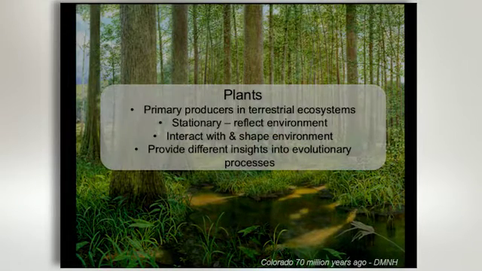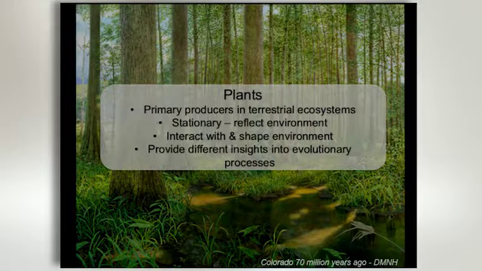And for a paleobotanist, we have a bunch of different reasons why plants are important. They're the primary producers in terrestrial ecosystems, so they're this foundation. So in order to understand what kind of environment the animals are living in, what's happening on land, we need to know what the plants are doing. They're also, because they're stationary, they really reflect the environment, they interact with and shape the environment.